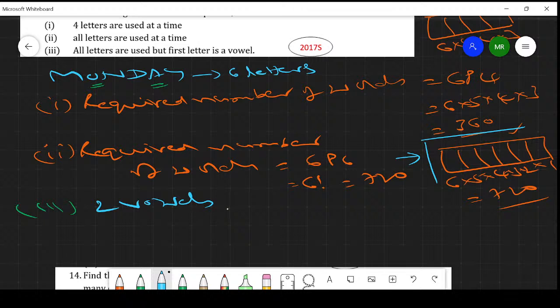Then the remaining consonants: total 4 consonants, which you should remember. These are M, N, D, Y.